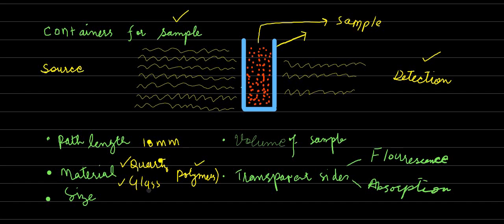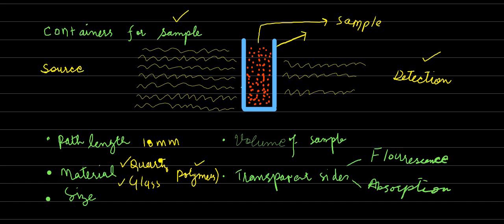Similarly, glass is transparent in the visible region, but it may absorb radiations in the ultraviolet region. So we can use quartz in the ultraviolet region, and we cannot use glass in the ultraviolet region, where it will absorb the radiations and create an interference.